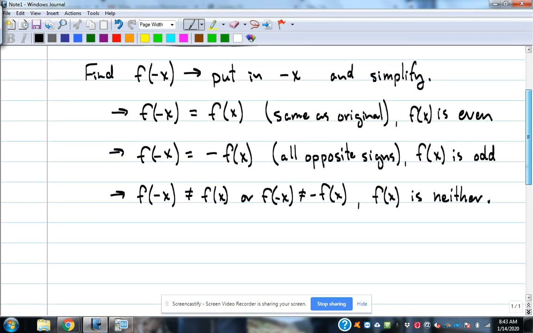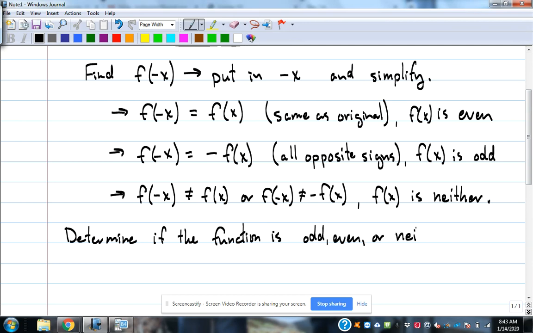So let's do a couple of examples. Determine if the function is odd, even, or neither.